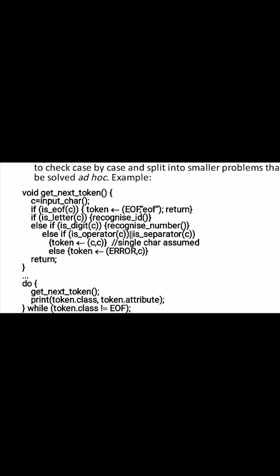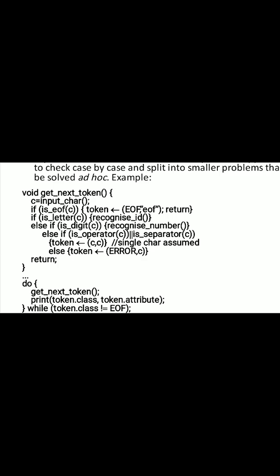It means that whenever it reads a character, for each kind of character it has its own function. Just see here, if it is a letter, then immediately we are calling a function called recognize ID. It means that it could be an identifier, but it is not necessary, it can even be a keyword. If it is not a letter, then check for a digit.